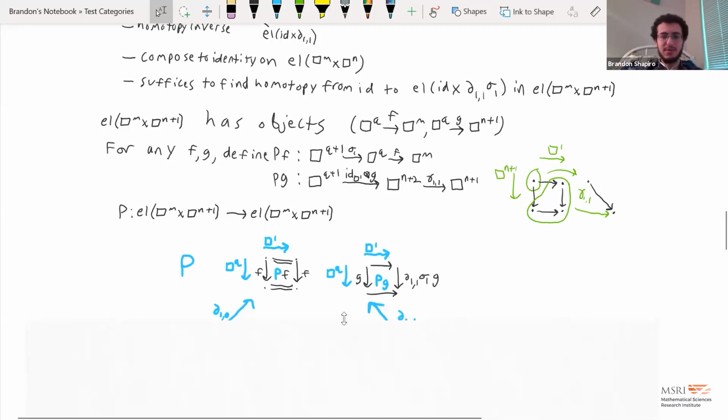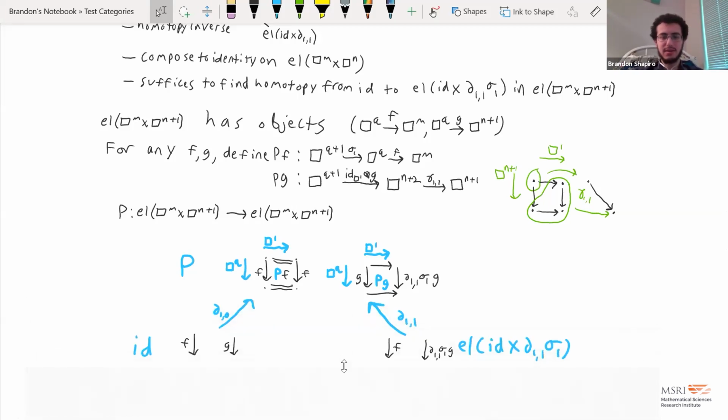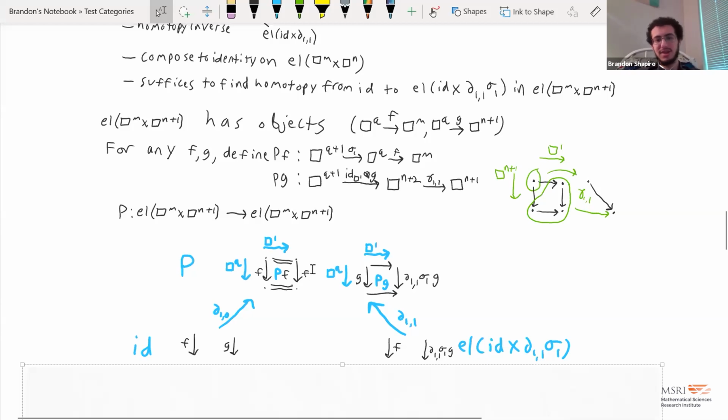And the reason we want to do that, and why I called it a homotopy, is that we actually have natural transformations from both of the functors we're interested in on this category to P, given by the structure maps. So F and G include as the source face of each of these two cubes, and F and the other map include as the target face in this dimension of these two cubes.